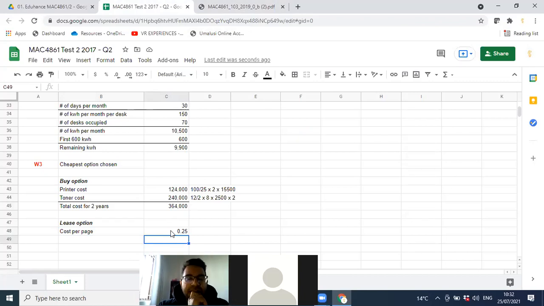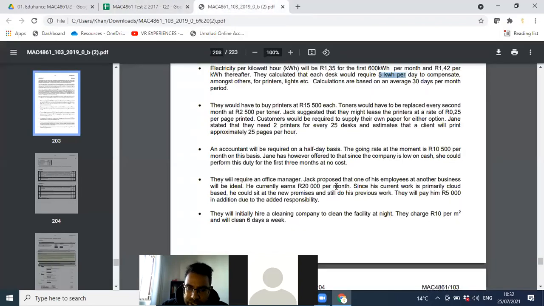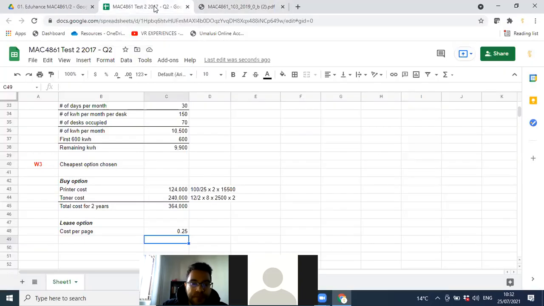So what did they tell us? Jack suggested that they might lease the printers at the rate of 25 cents per page. Customers would be required to supply toner. Jane stated that they need 2 printers for every 25 desks and estimates that the client will print approximately 25 pages per hour.